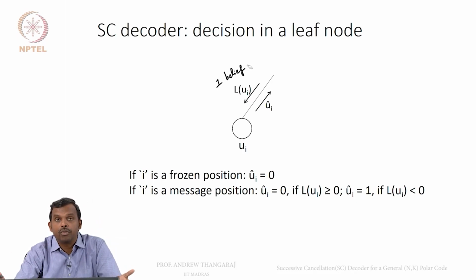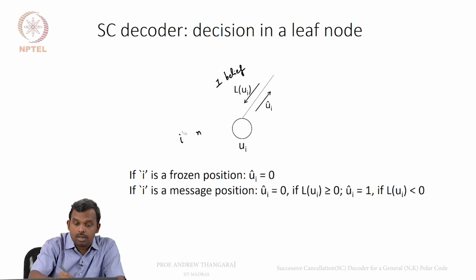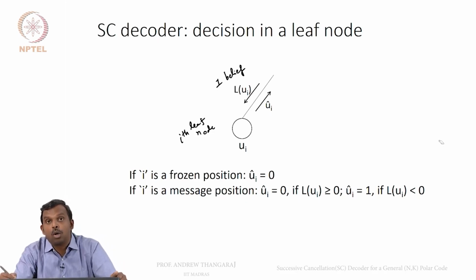Now the leaf could be in two different situations. This is the ith leaf node. Now this ith position may be frozen or may be a message bit. That's the important thing here to take care of. If the ith position is frozen, then your decision ui hat will always be 0.